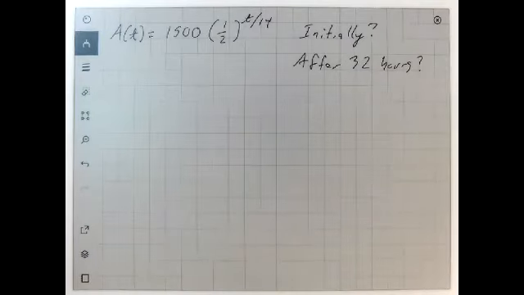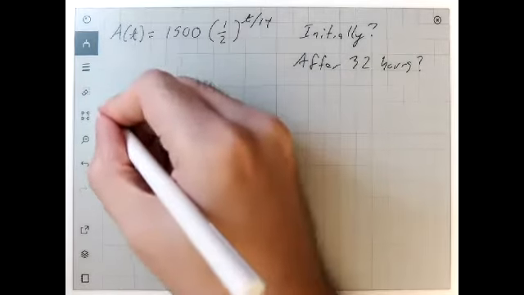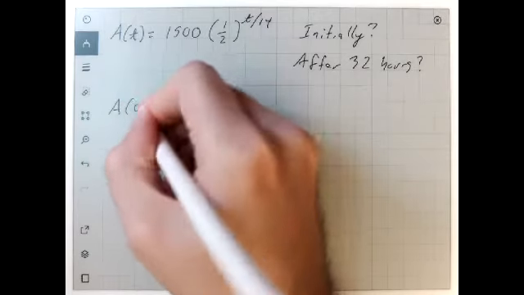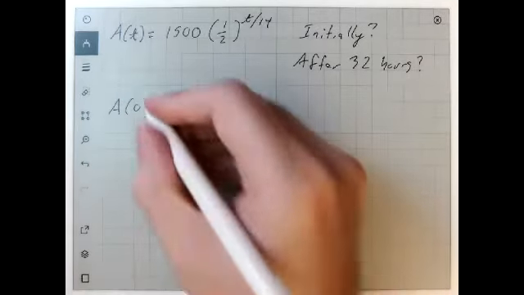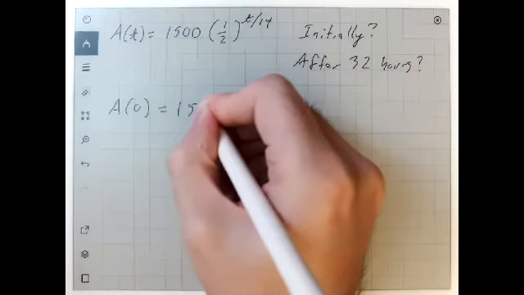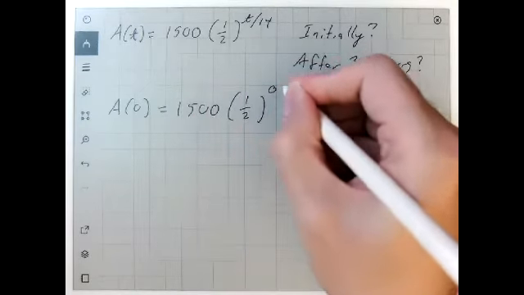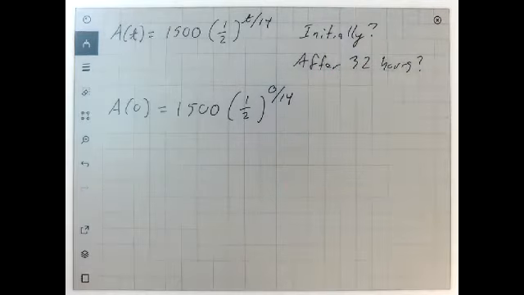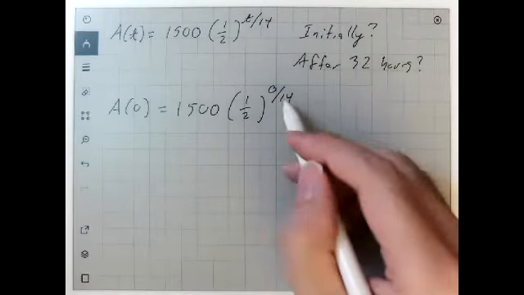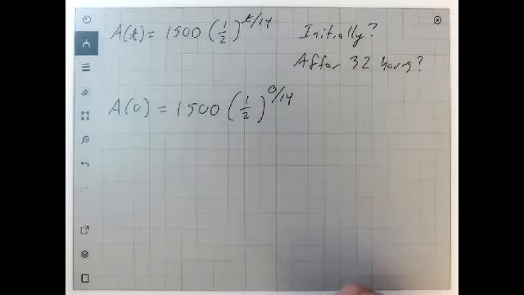The amount that was initially in the sample is the amount remaining when no time has passed. So we can think of that as A of 0. Substitute in 0 for t. 0 divided by 14 is still 0.